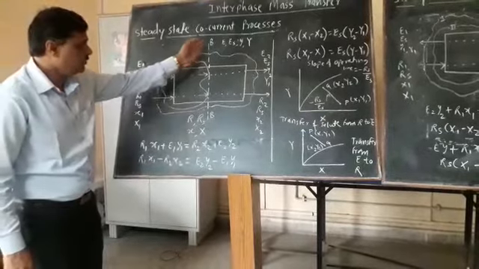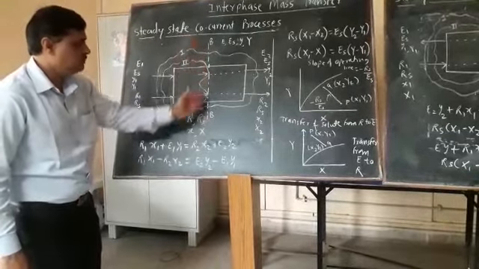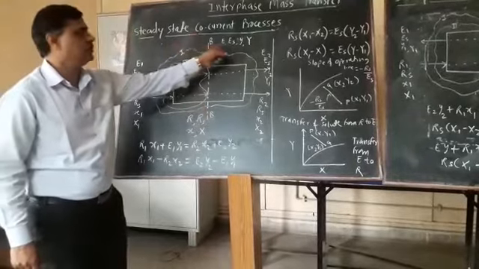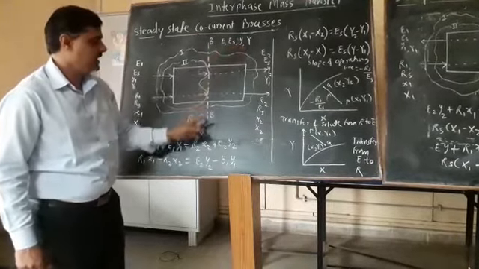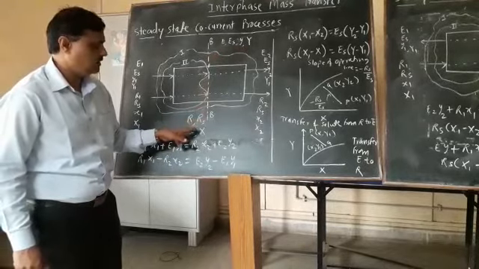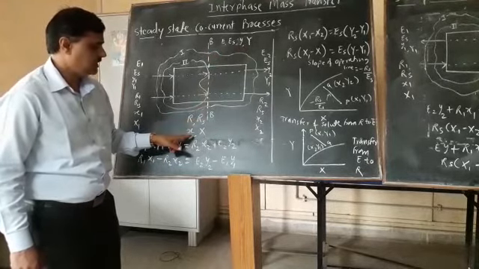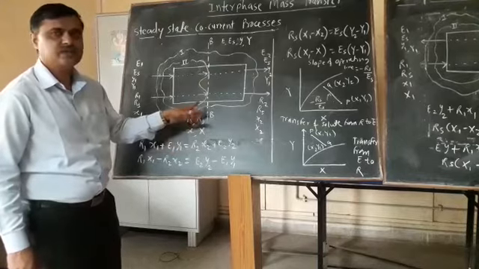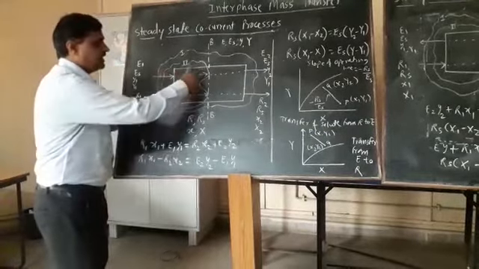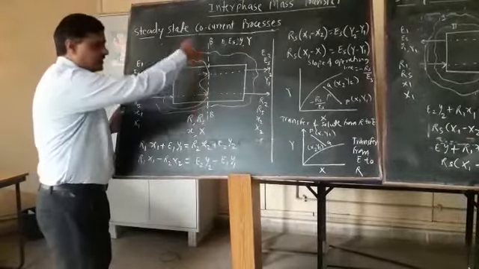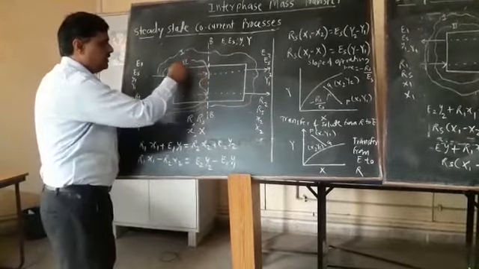Now we have taken this plane PP at any point, and we have taken the notations E, Es, small y, capital Y for the E phase, and here R, Rs, small x and capital X for the R phase. We have taken the material balance for envelope 1, and at any point in the plane BB, envelope 2.